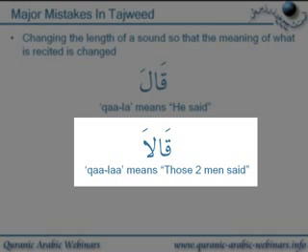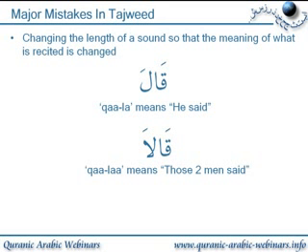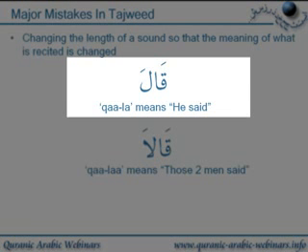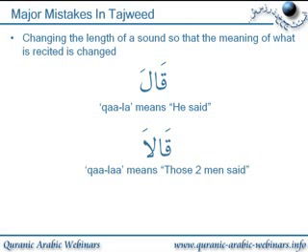So qaalaa means those two men. So again, it's still third person, male, but we're now talking in the dual sense, so two men. If you accidentally say the first one, which should be qaala, and you accidentally extend it and say qaalaa, you've now changed the meaning from he said to those two men said.